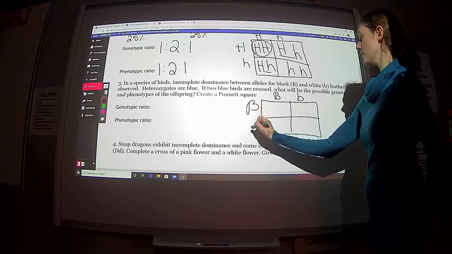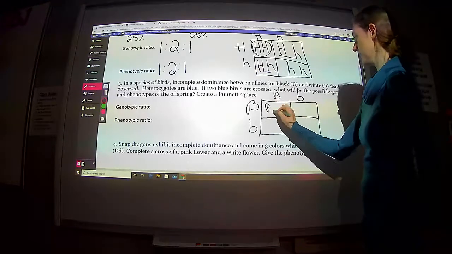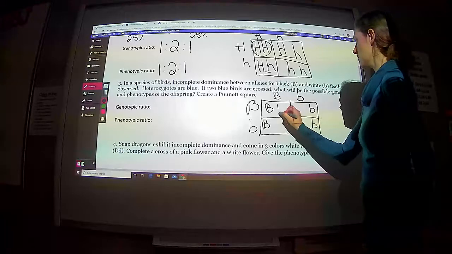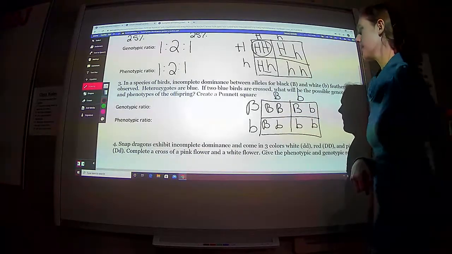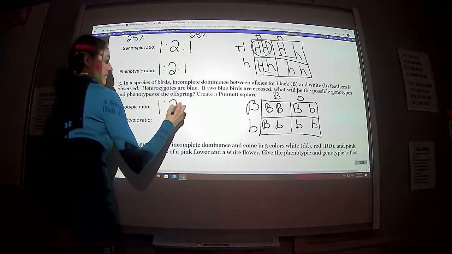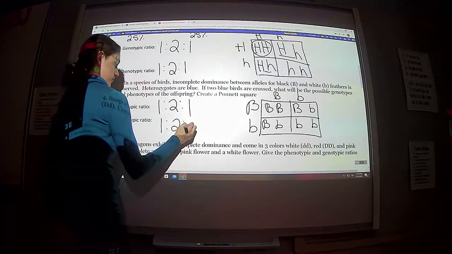So I have capital B, lowercase b for both of my parents. Bring your letters down and across. Genotypic ratio, we have 1 to 2 to 1. Phenotypic ratio is the same as your genotypic ratio.